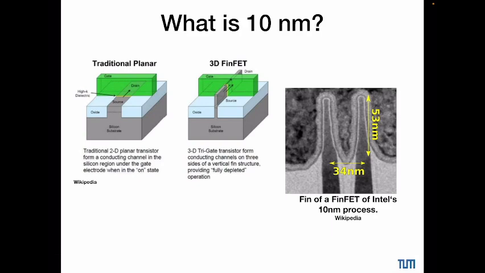We want to integrate more and more transistors on the chips, and you all heard about Moore's Law. Moore's Law basically stated that we double the number of transistors on a given space every 2 years, and so we actually get a doubling of the performance every 18 months, right?